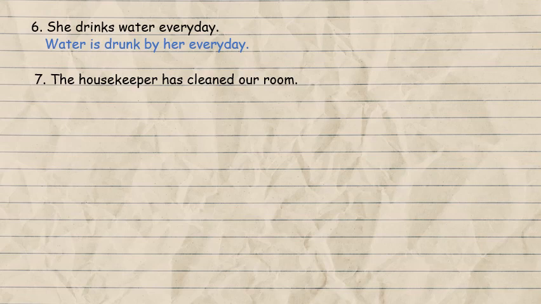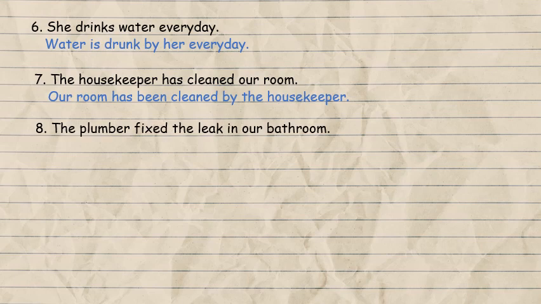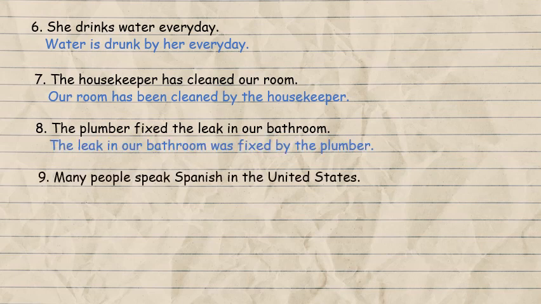7. The housekeeper has cleaned our room. Our room has been cleaned by the housekeeper. 8. The plumber fixed the leak in our bathroom. The leak in our bathroom was fixed by the plumber. 9.